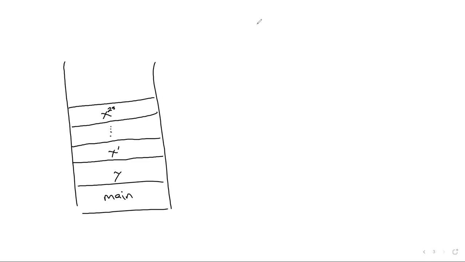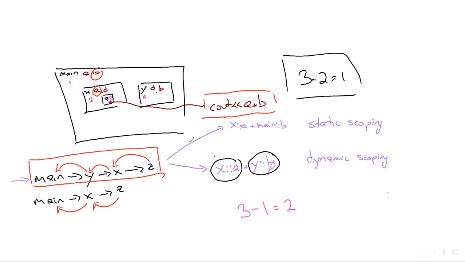Now let's draw a picture, for example, of how the chain looks right now. So right now, y is pointing at main, and so are all the x's. They're all pointing at main, because if we look at our picture from here, then we see that the static parent of x and y is main.